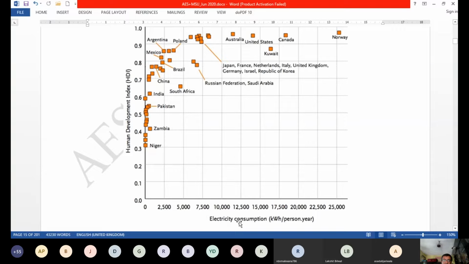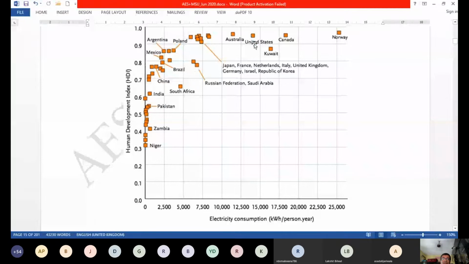So you can see that some of the countries are very far down in Human Development Index, right? Of course, India is also not very high in that. But then, you can see that some of the countries which are having a higher HDI are also consuming much higher electrical power per person per year.